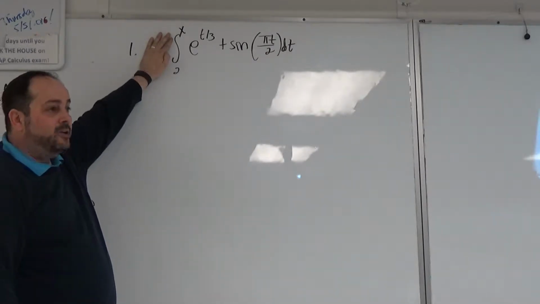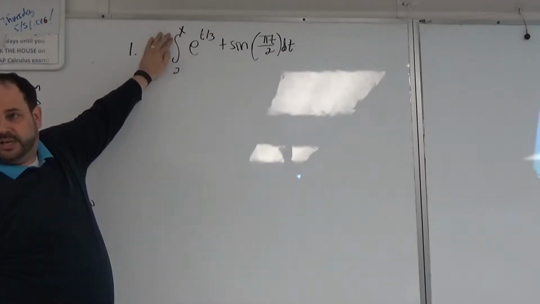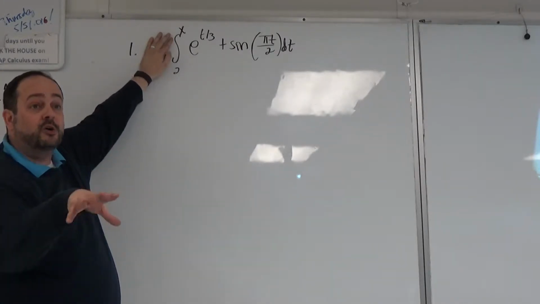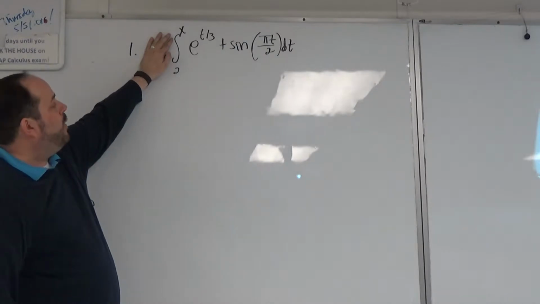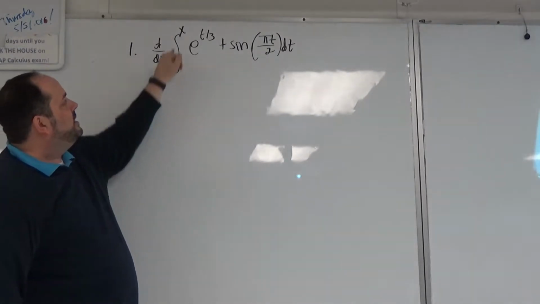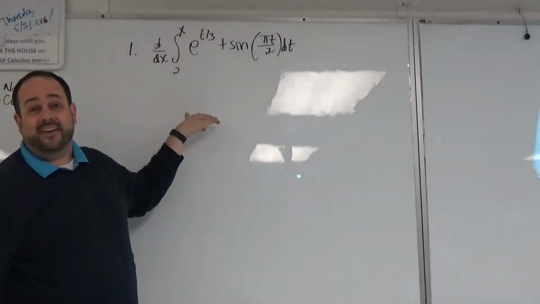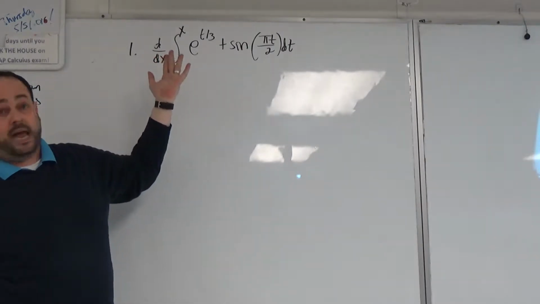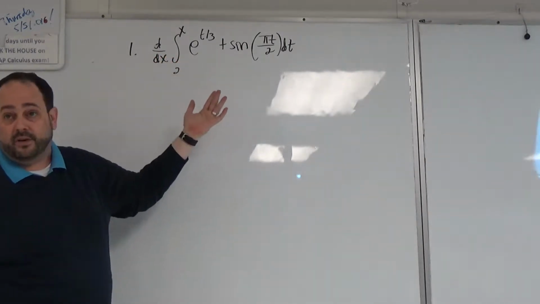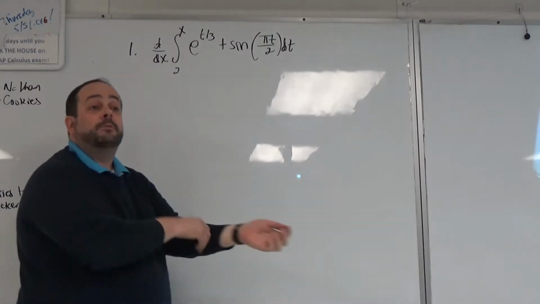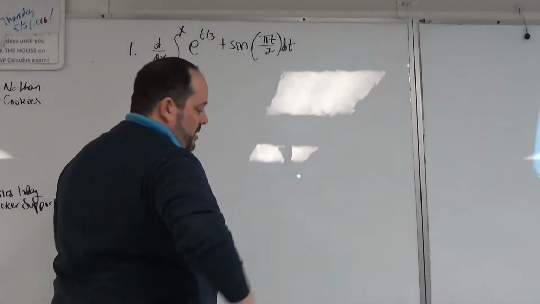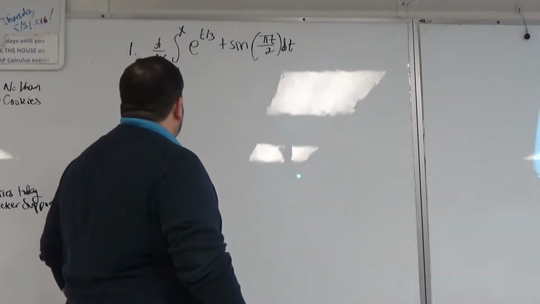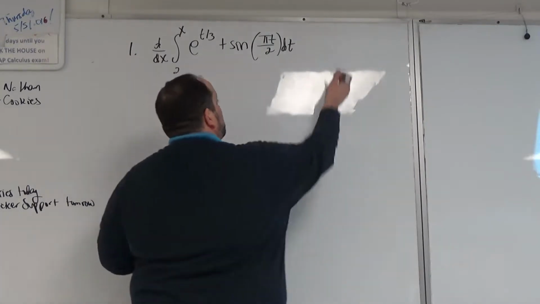Or maybe there's some algebra. Or maybe there's integration by substitution. There's all those things that are happening. Once you find the antiderivative, then evaluate. And then for whatever reason, there's this d dx happening here at the end, then you take the derivative. This is a long problem. Have faith. So, first thing, we're going to find the antiderivative.